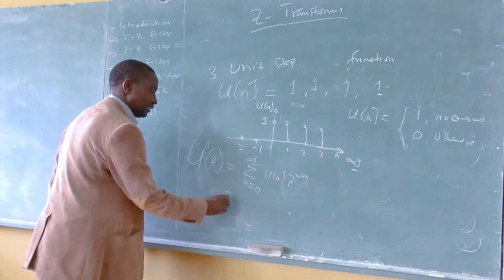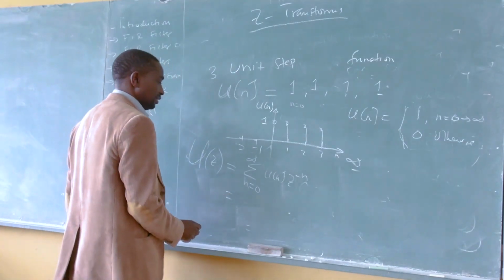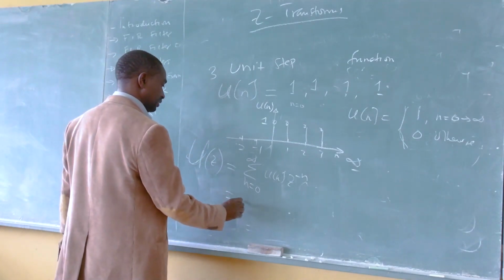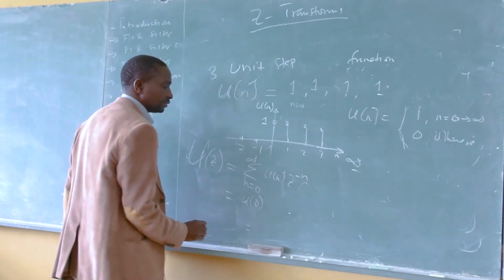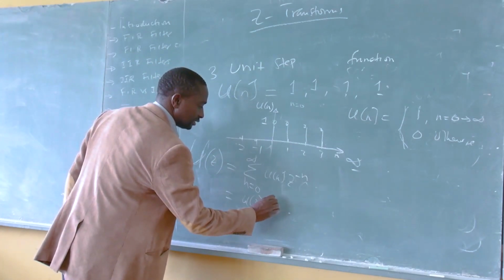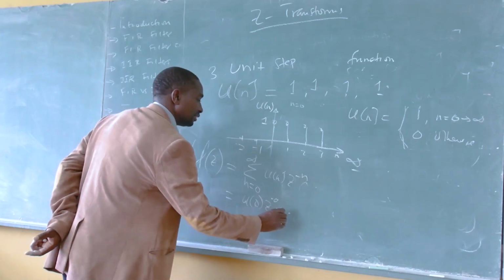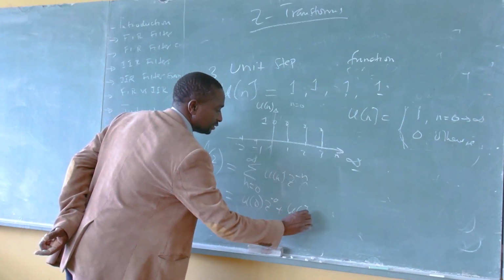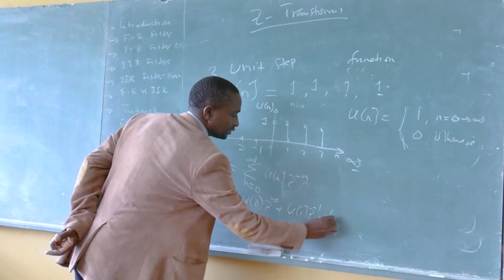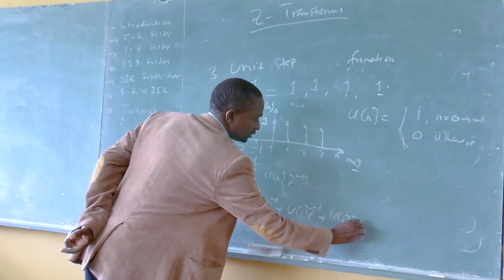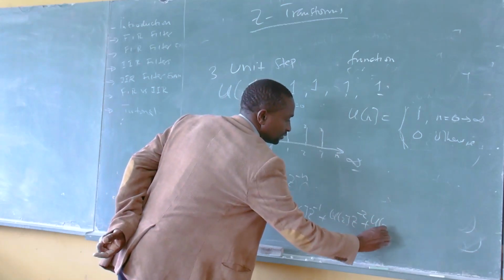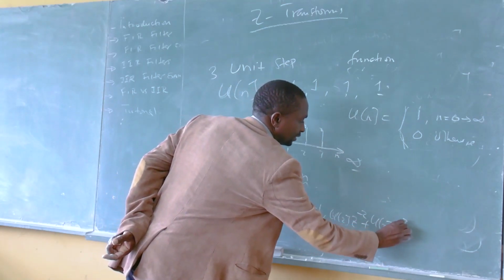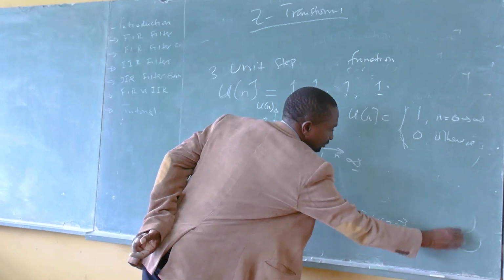So what that means is that this will now be u of 0, z to the power 0, plus u of 1, z to the power minus 1, plus u of 2, z to the power minus 2, plus u of 3, z to the power minus 3. This goes on up to infinity.